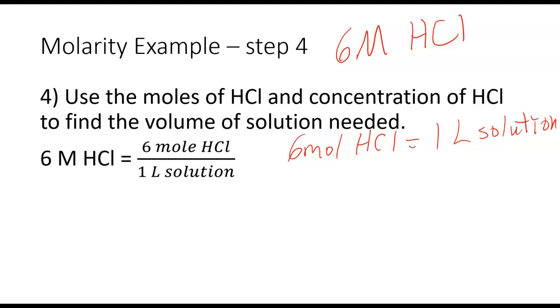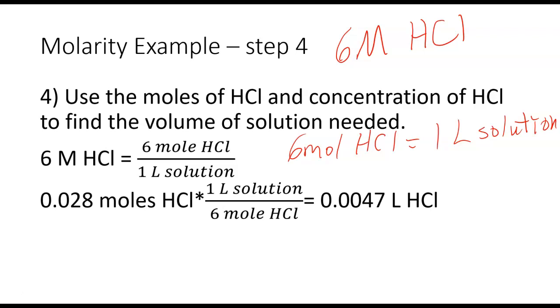So that's my equivalence. I can write it as 6 moles for every 1 liter, or 1 liter for every 6 moles. I have my 0.028 moles of HCl from the previous. My moles of HCl are going to cancel, and I have 0.0047 liters of 6 molar HCl. Okay, so that gives me my liters of HCl.